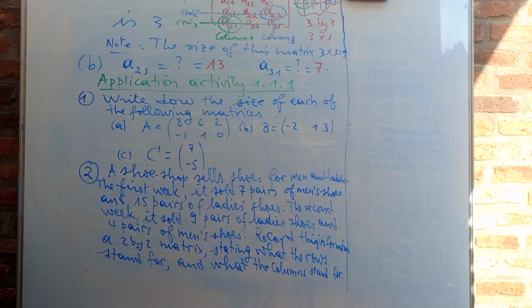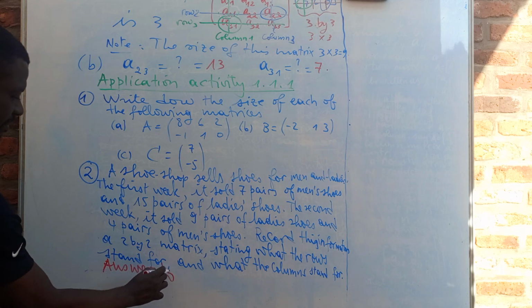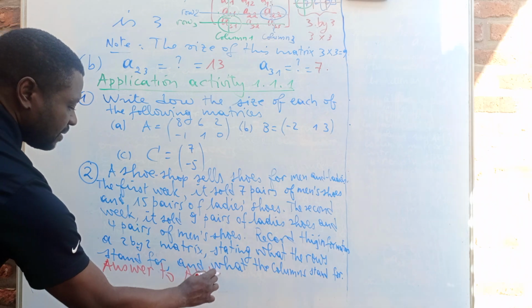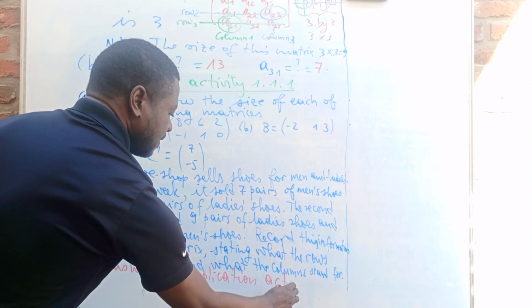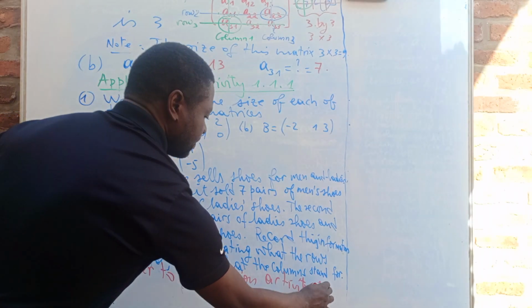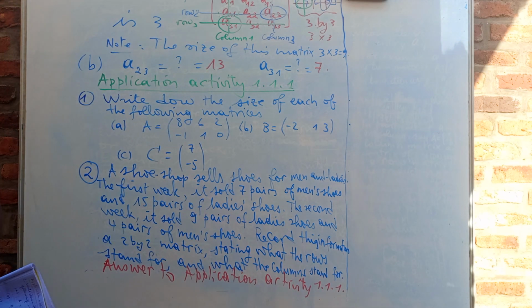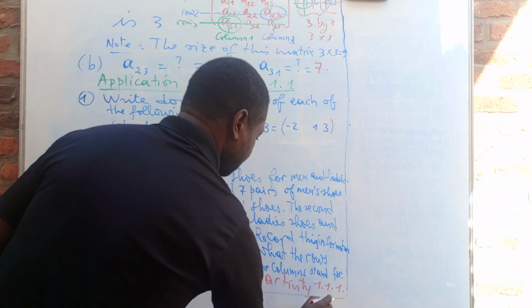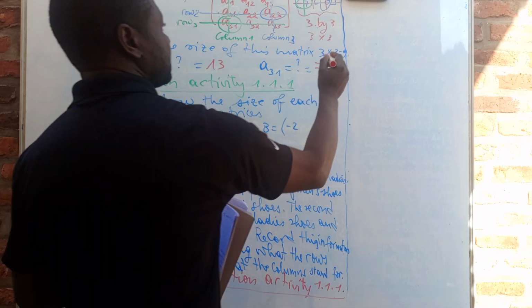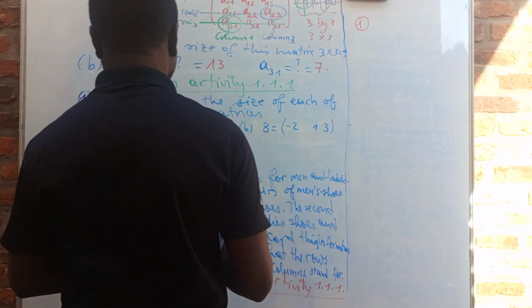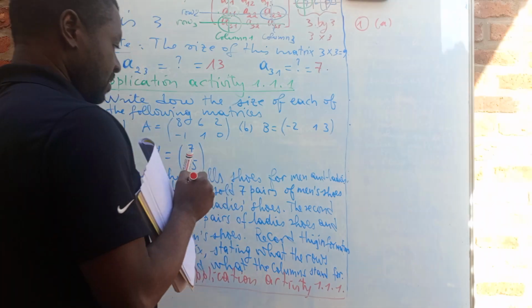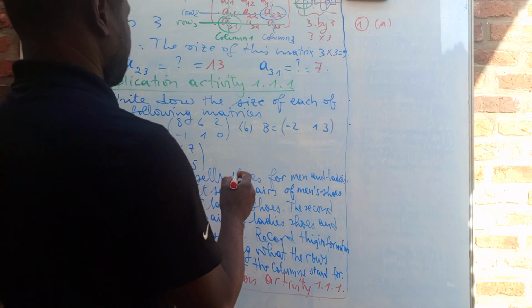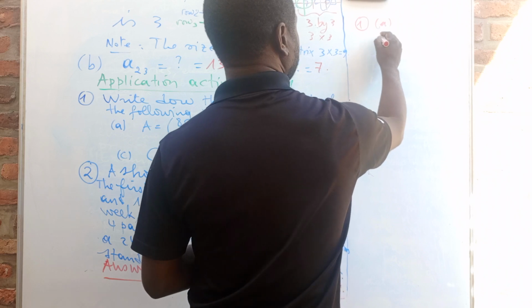So let us answer application activity 1. Let us work out number 1 and find out the answer for sub-question A, sub-question B, sub-question C.